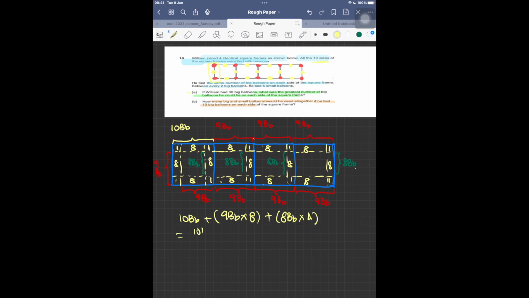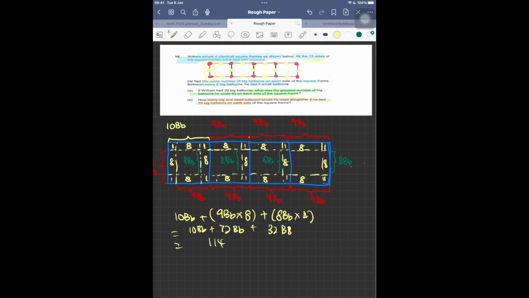Here is 10. 72 big balloons. 8 times 4 will be 32 big balloons. In total, I will have 114 big balloons. Okay, this is only the big balloons. But then we still need to calculate the small balloon. This is where the tricky part comes in.